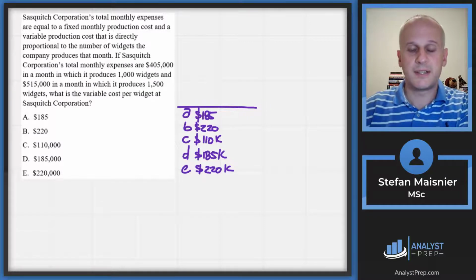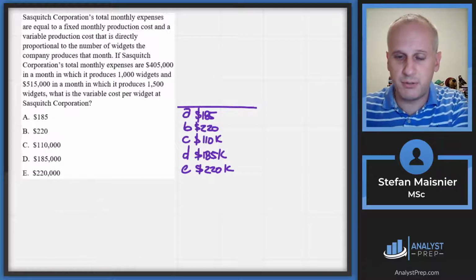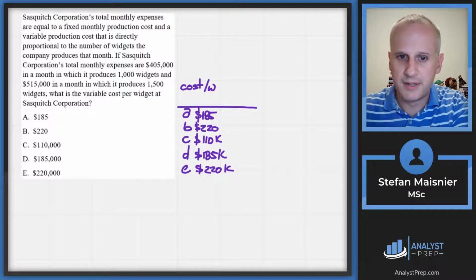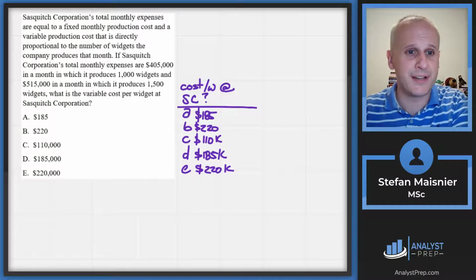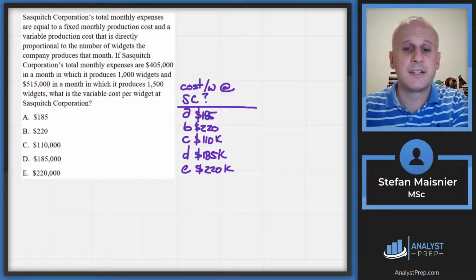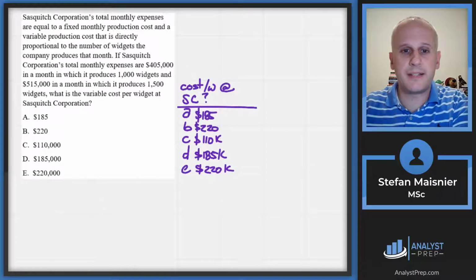So if we skip to the end, we see what we're looking for, and we're being asked for the variable cost per widget. So cost per W at SC, and we'll just call it for Sasquatch Corporation. We'll know what that abbreviation means for the next couple of minutes that it matters. So then we see at the beginning Sasquatch Corporation's total monthly expenses, so our total is equal to a fixed monthly production cost.